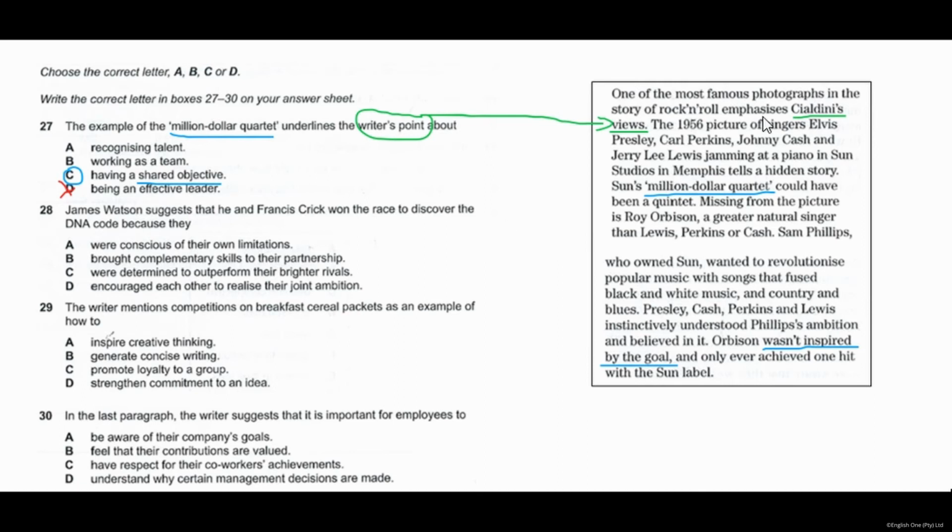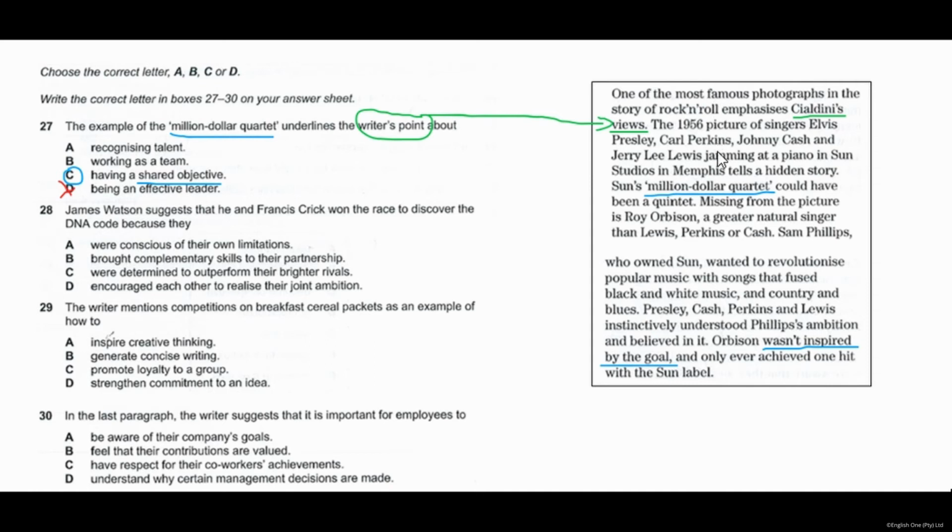So once you have scanned your information, during that scanning action, you want to try and locate the paragraph that holds the information in your question. So I know that in 27 I'm looking for the writer's point and something to do with $1 million quartet. Great.